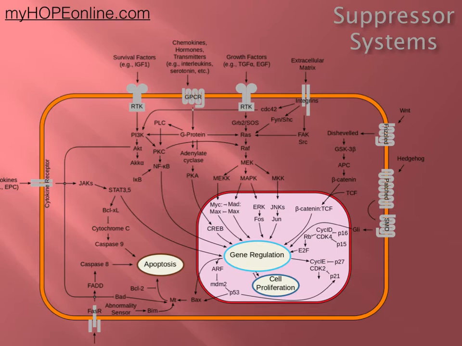It's very complicated. So these intracellular pathways are what we're concerned with in cancer. Now you see down at the bottom left that squashed circle that says apoptosis. Apoptosis is a process that happens within the cell cytoplasm.